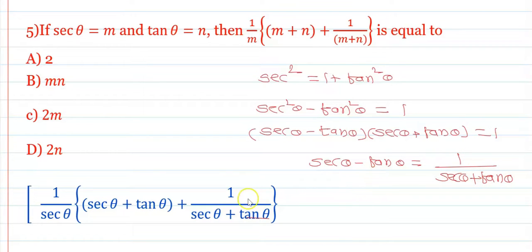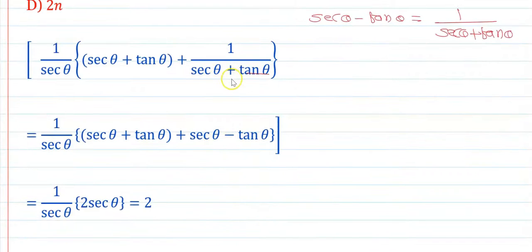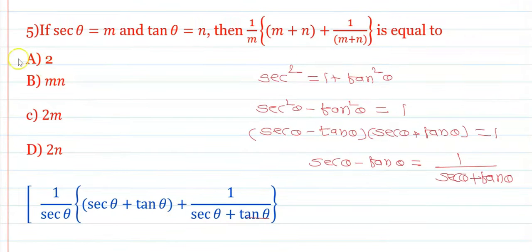Sec theta minus tan theta. If we substitute that value here, the value of 1 upon sec theta plus tan theta is sec theta minus tan theta. Here plus tan theta and minus tan theta will get cancelled. Sec theta plus sec theta is 2 times sec theta. Now the sec theta here will get cut. And what is the answer? The answer is 2, and hence option A is the correct one.